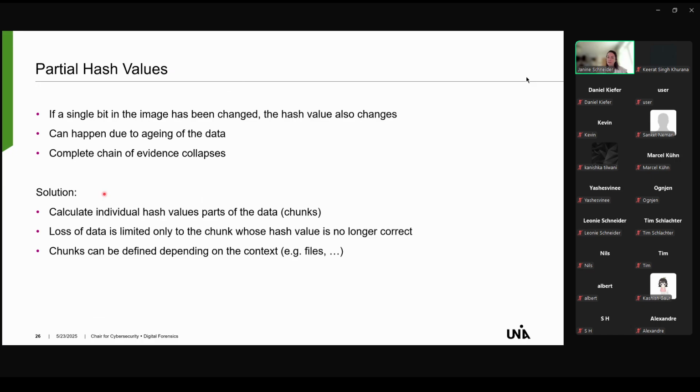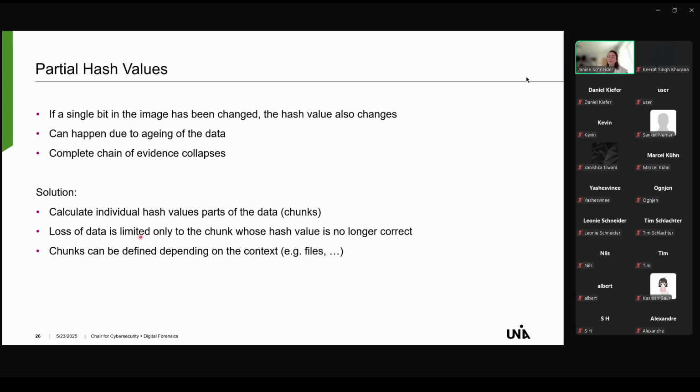And the solution to that is to create individual hashes for data chunks, or for special files, for partitions, for databases, like create more hash values for more individual parts.